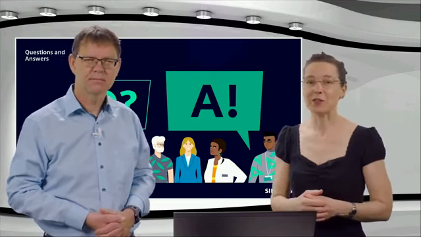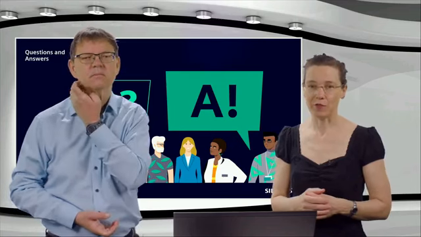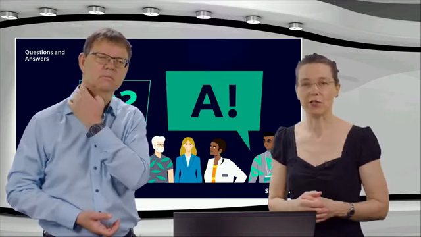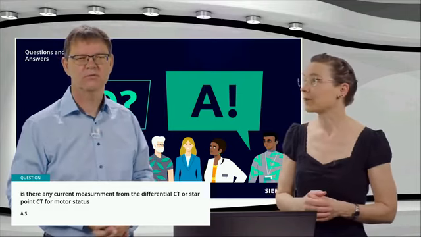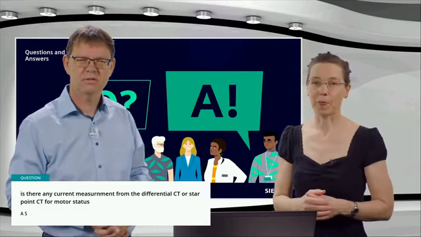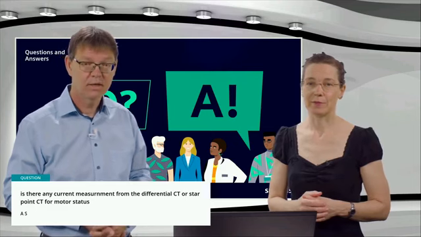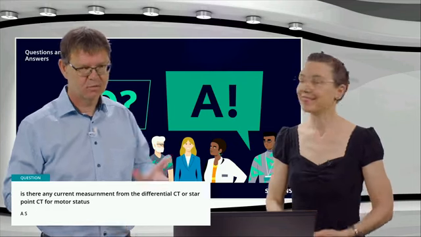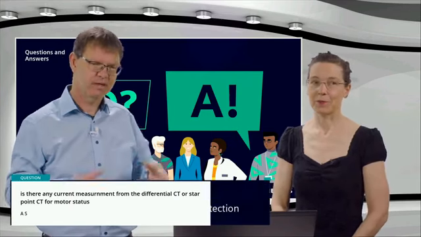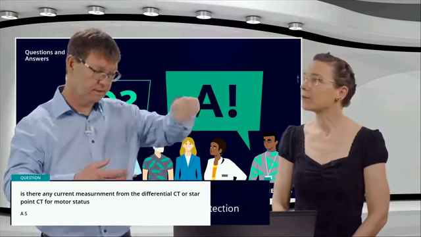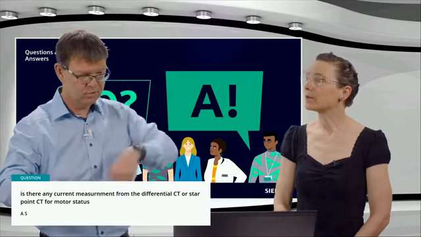Came in from AS, and thanks for your questions. Is there any current measurement from the differential CT or star point CT for the motor status? No. I think you referred to the differential protection where we have this window type CT and the cable goes through to the motor and backwards.